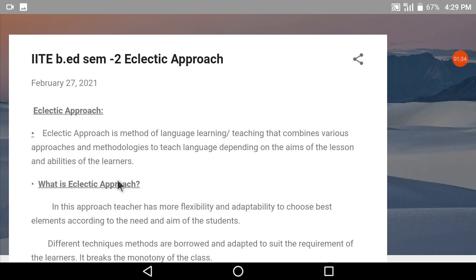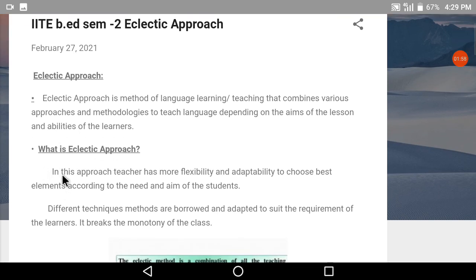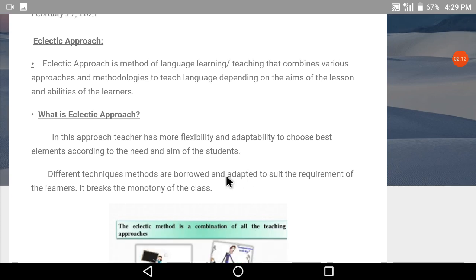So let's see what the eclectic approach is. In this approach, the teacher has more flexibility and adaptability to choose the best element according to the need and aim of the student. Means if my students are easy and familiar with the grammar translation method and the CLT approach, I can use both at the same time.